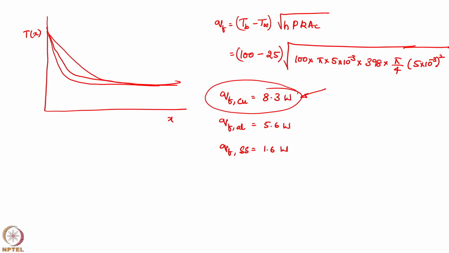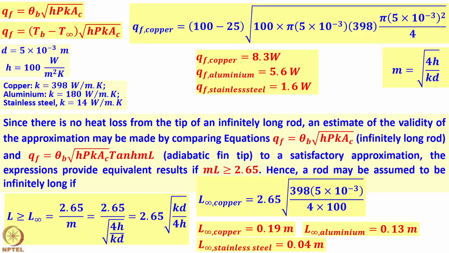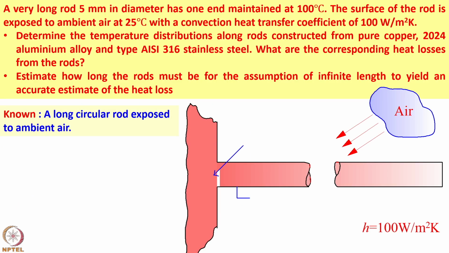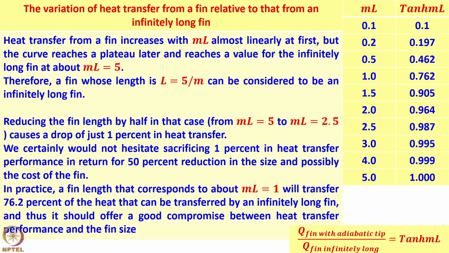You know that in my earlier slides I had shown you, if you recall, what should be the mL so that it becomes infinite. I had told that Q fin adiabatic divided by Q infinitely long is tanh mL. It reaches almost 1 with an mL of, you can even take 2.5. Let me go ahead and take it as 2.65.